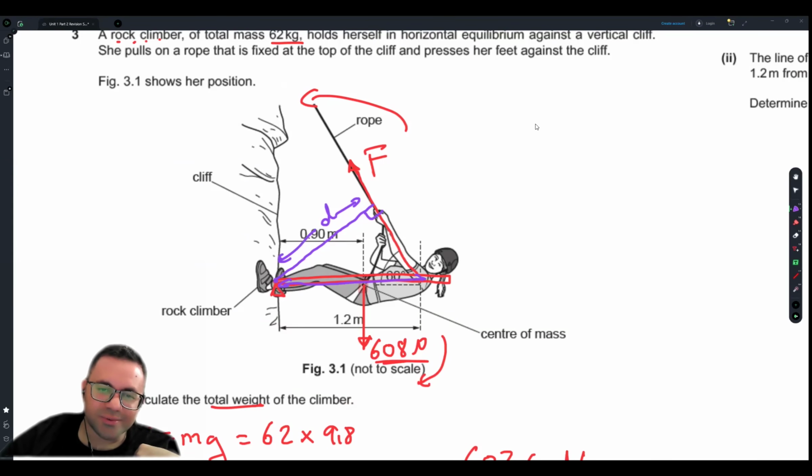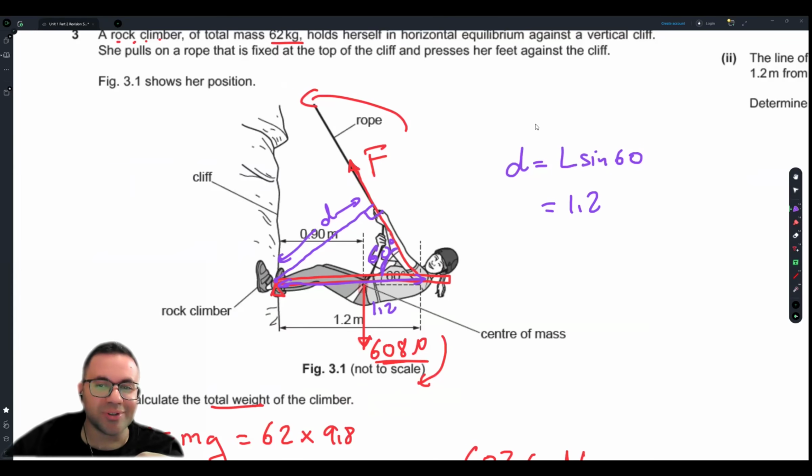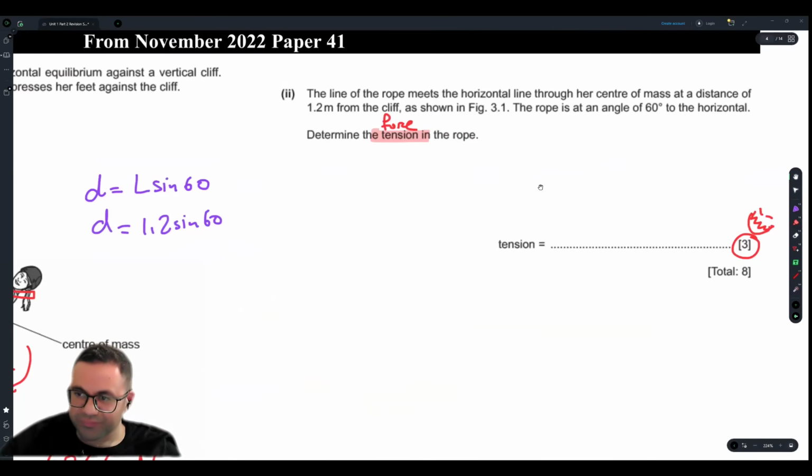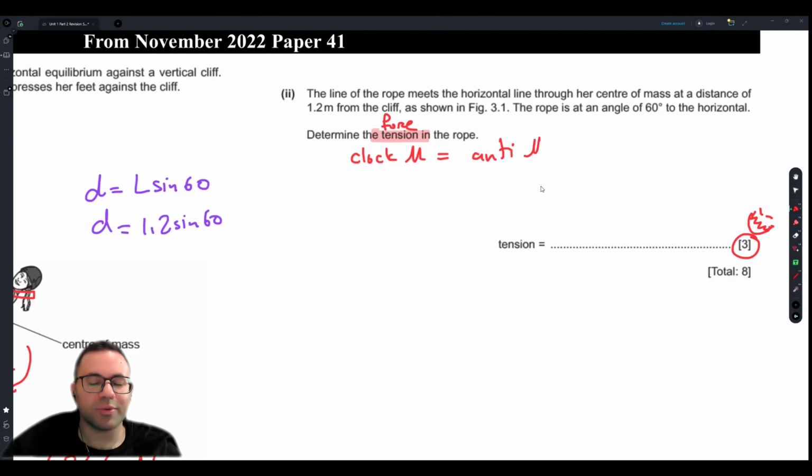If all of this is 1.2 and this angle is 60 degrees, then the distance is equal to L sine 60. Not 30 this time. In my previous example, it was 30. Now it's 60. So it's 1.2 sine 60. So going back to the question, how do I find the tension in the rope? She's in equilibrium, which means the clockwise moment is equal to the anti-clockwise moment.